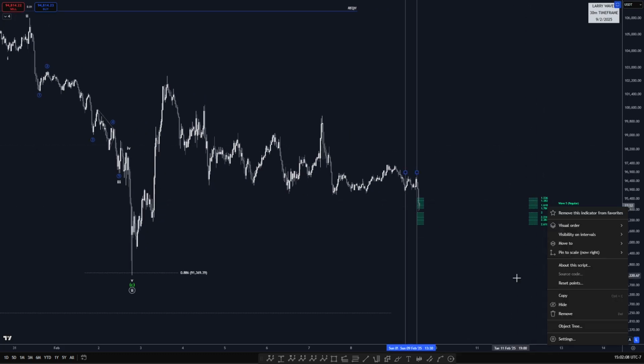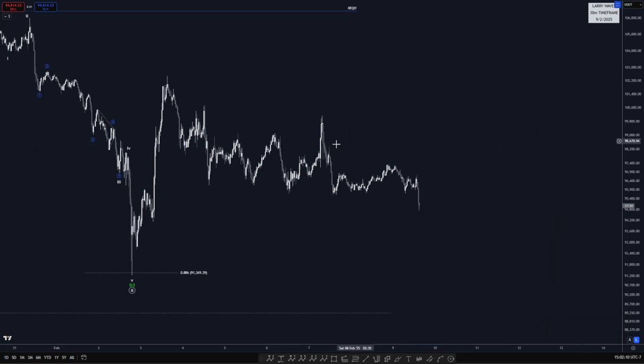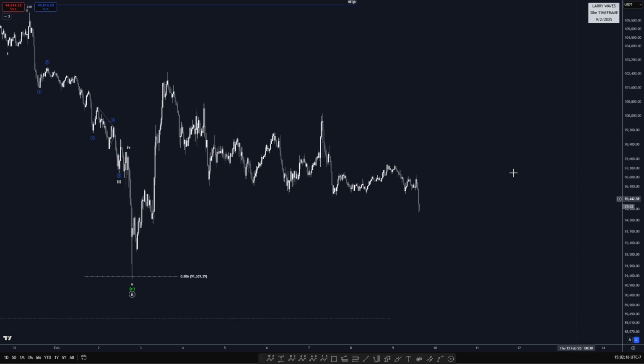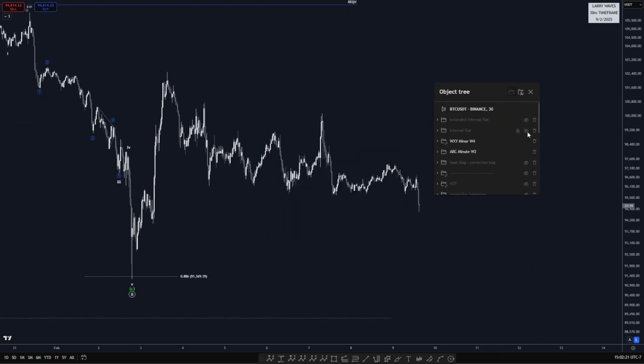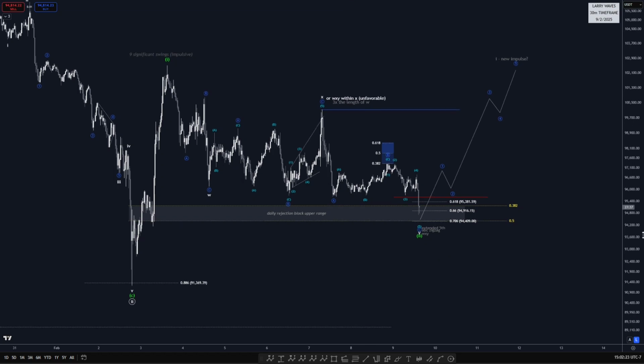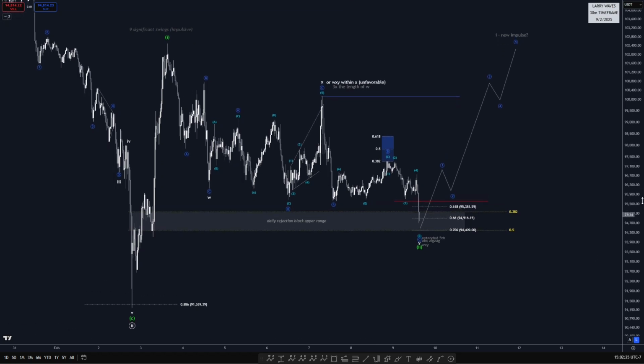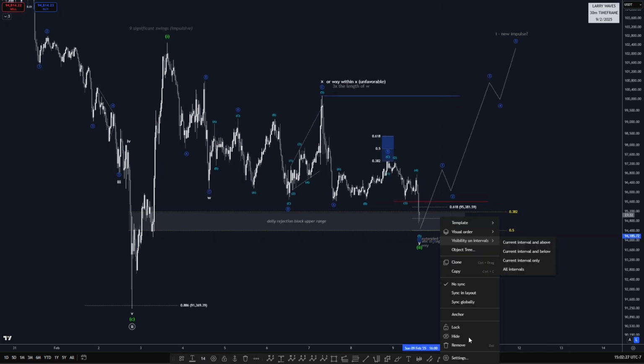So there is basically two ways, actually three. The third one's more of an alternative, but let's go ahead and start with the primary counts. So my primary count is looking at this correction as a WXY.